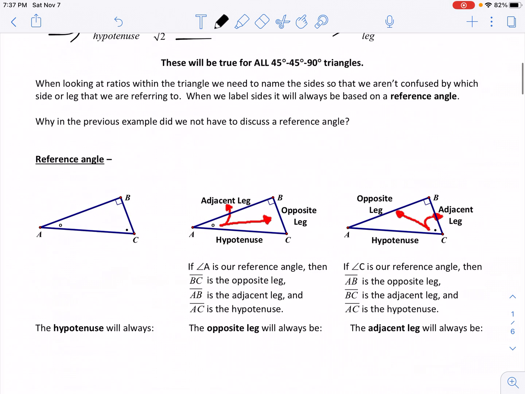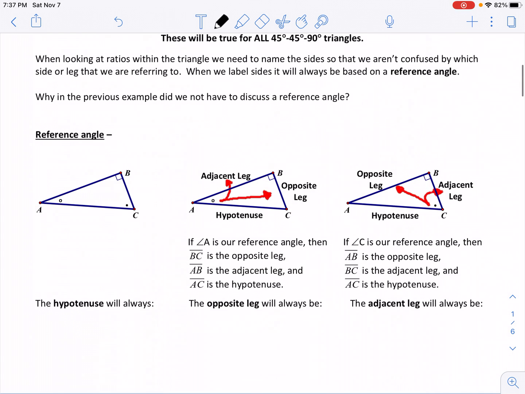But the whole point of this is to get you guys to understand what the relationship between the ratios of a right triangle would be for any given right triangle. Not necessarily just 45, 45, 90, not necessarily even 30, 60, 90, but for any given right triangle. What would the relationship between the sides, or between the ratio of the sides, be? Now, what we have to think of first is we have to identify a reference angle, okay?